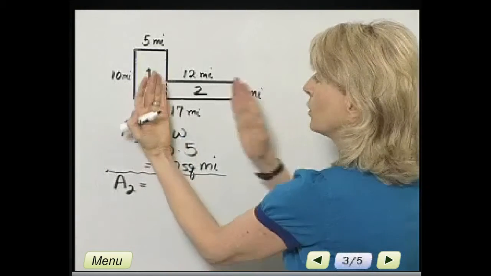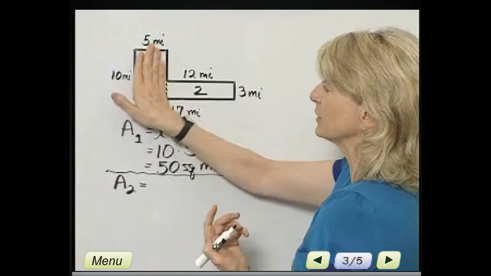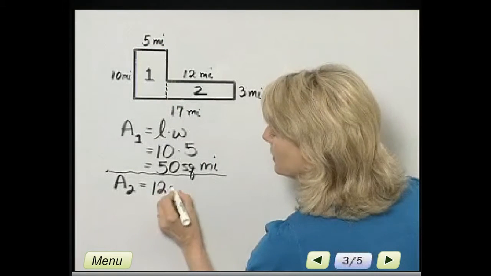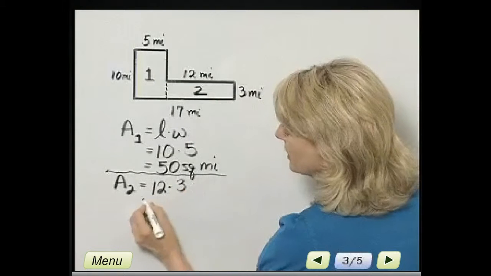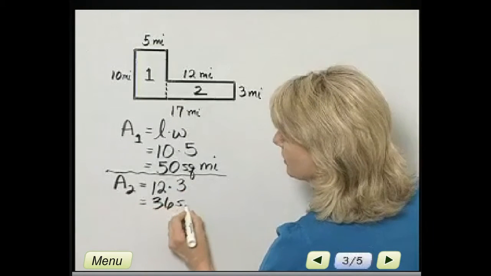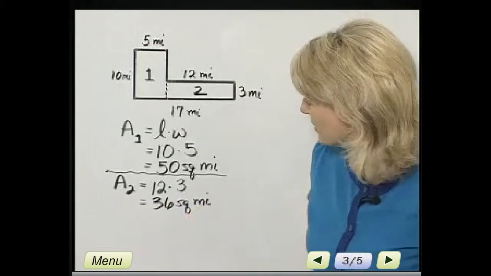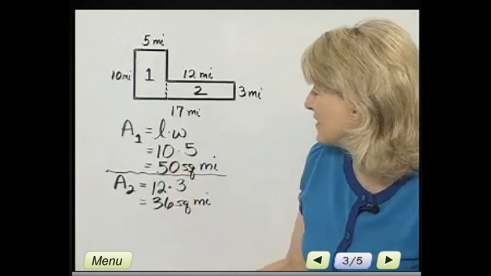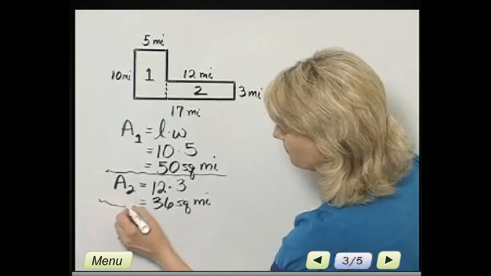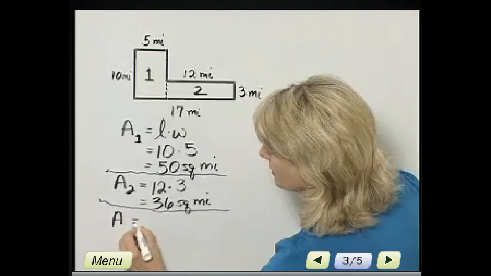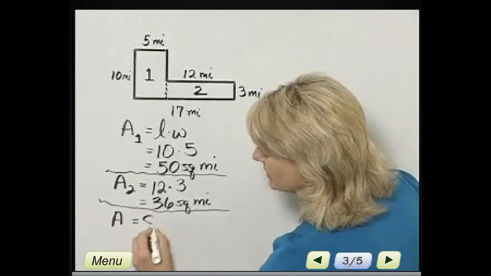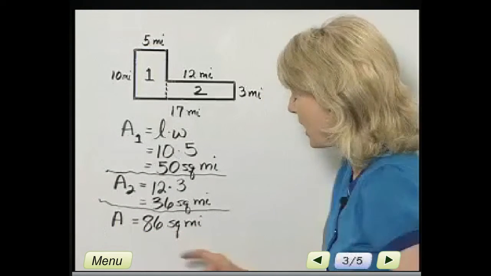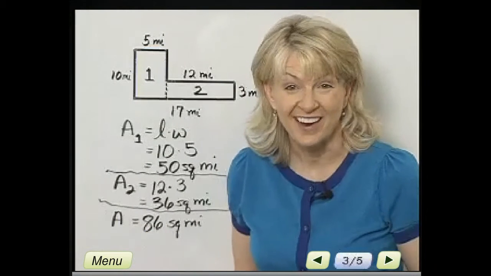Now be careful, what is the length of this second rectangle? It's not 17 miles, it's 12 miles. So it's 12 times the width is 3, and it is 36 square miles. Then how do I find the area of the entire L-shaped figure? We add these two. So the area is 50 plus 36, that's 86 square miles. There we go. There's our area.